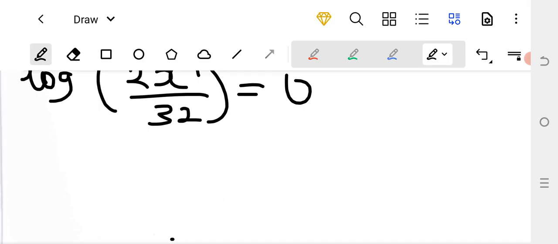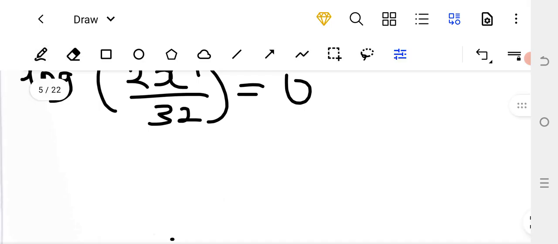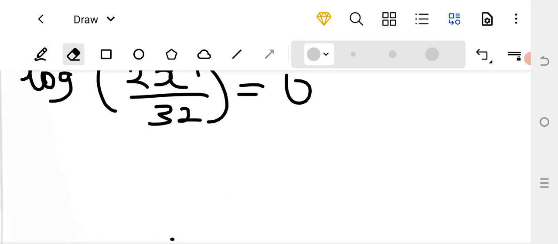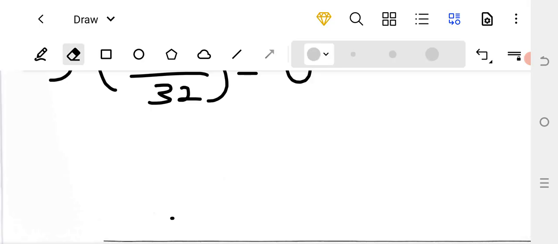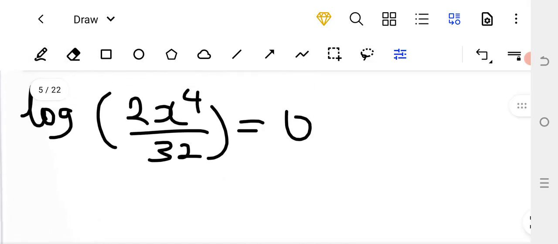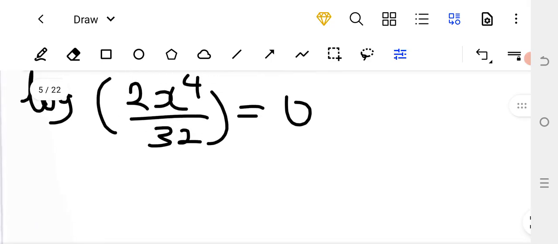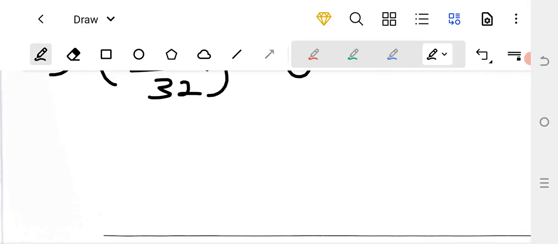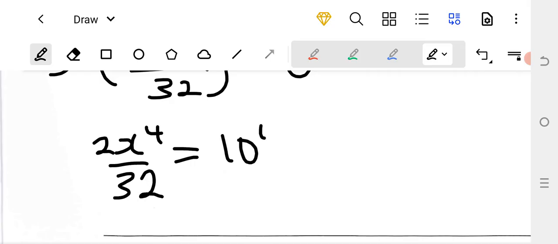You are going to have 2x to the power 4 divided by 32 is equal to 10 to the power 0.